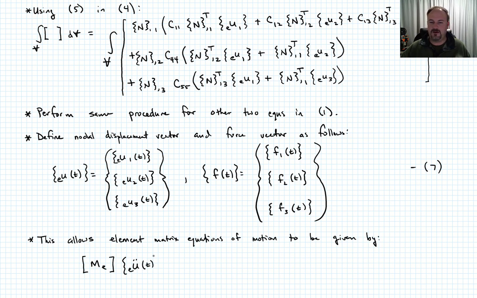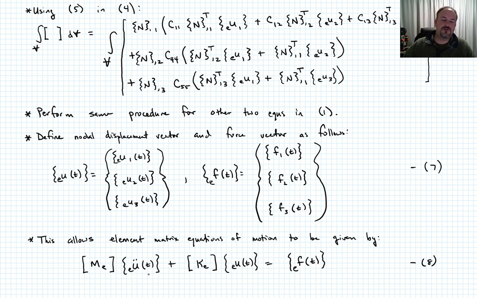And I'm going to put an E back there to remind you it's element nodal accelerations, plus the stiffness matrix K sub E, times what we just defined, which is U of t at the element level, and that's going to be equal to F of t. Maybe for consistency, I should put E's on that just to remind you. Let's call that equation 8. So here you have the element equations of motion.